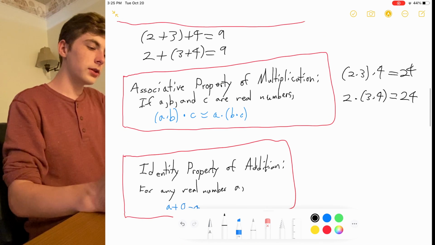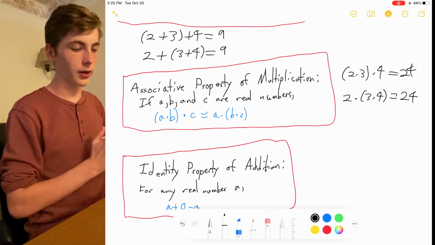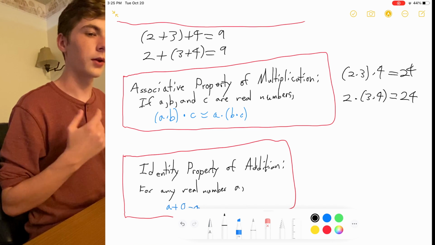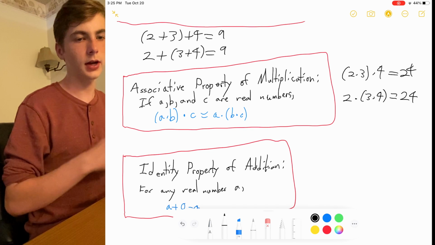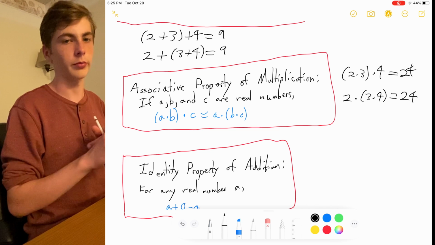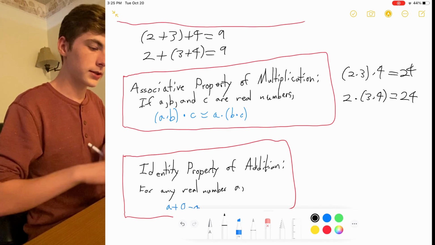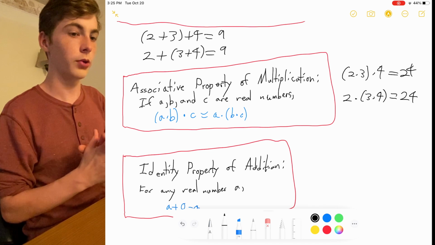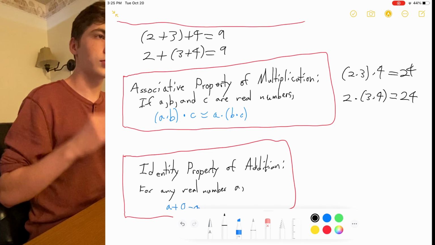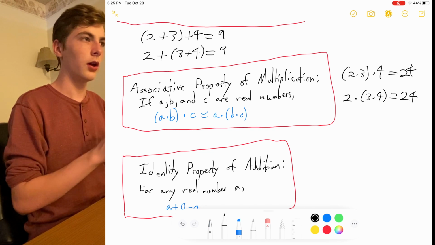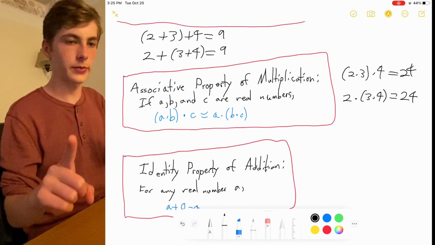And the associative and commutative properties for both addition and multiplication are a similar idea, which is that the order in which you do things doesn't matter when you're adding and multiplying, because you're combining a bunch of numbers into one, and it doesn't matter what order you put them in. With subtracting and dividing, it matters because one number has to do something to the other number.